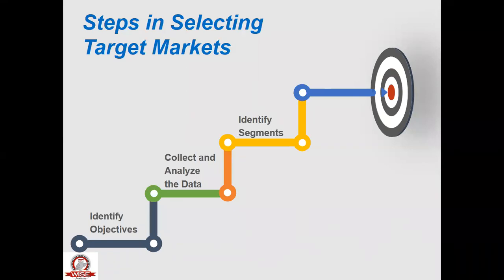Once you start identifying that segment, then you can develop your target market or target markets. So you might determine that there seem to be 3 different substantial markets that you would like to target and promote to.